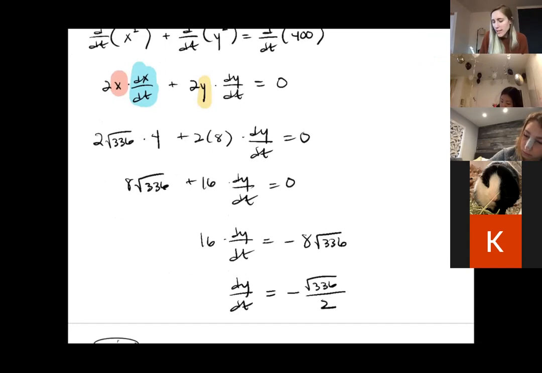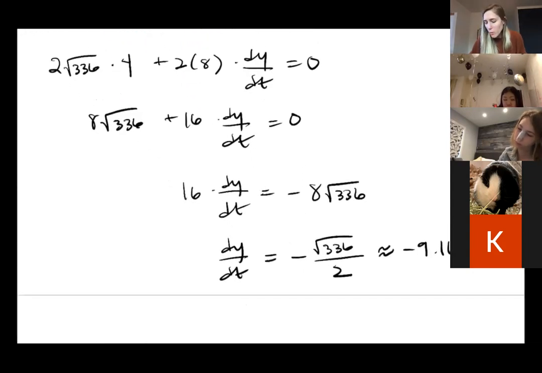And if you were to just type that into your calculator, you would get negative 9.165. I'm going to give myself one more page. And the units, well, y is being measured in feet and time is being measured in seconds. So feet per second.